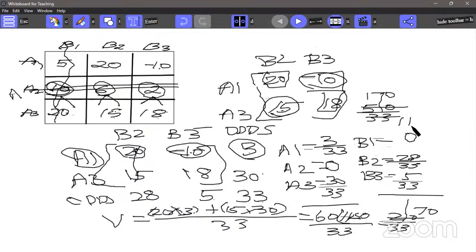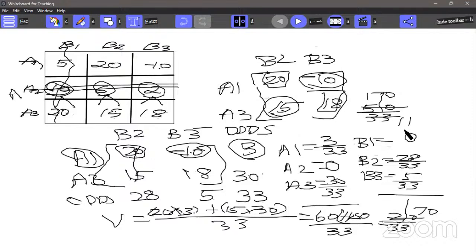Then what is the use of calculating probabilities, madam? With probabilities, we have to tell which strategy to use. The solution of the game theory is that we tell which strategy A has to use, which strategy B has to use, and if both use their optimal strategies, how much is the value of the game.